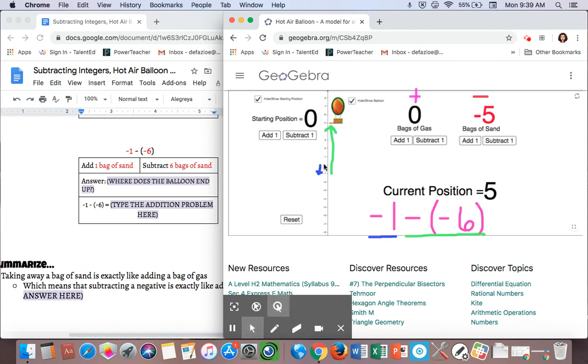Because again, adding a bag of sand brought me down because it's making my hot air balloon weigh more. Taking away bags of sand is taking away the weight, making it weigh less. It should rise up that amount of bags all the way up to positive 5.